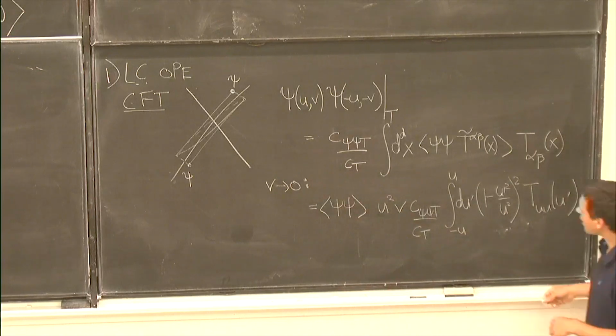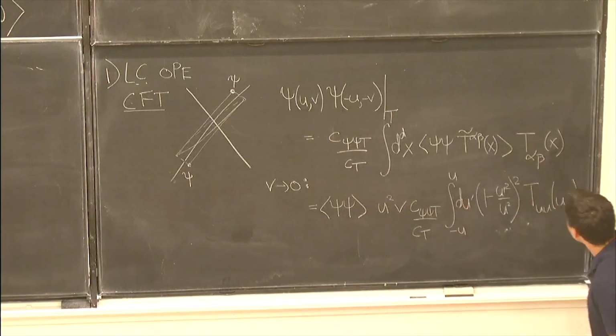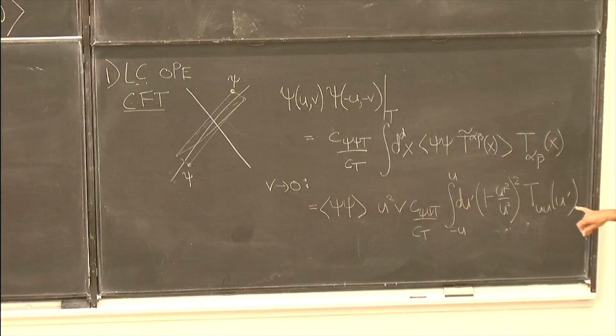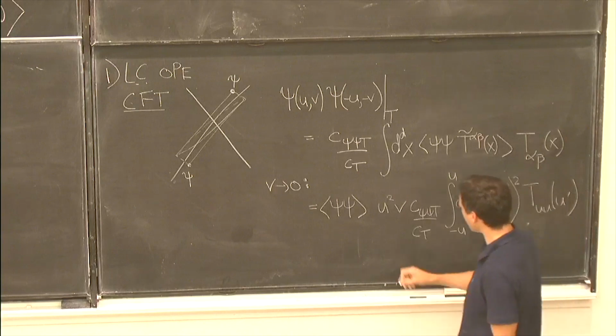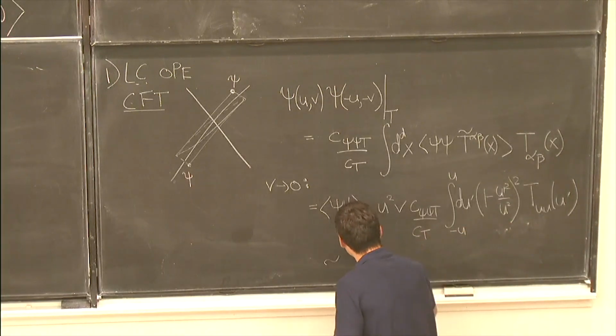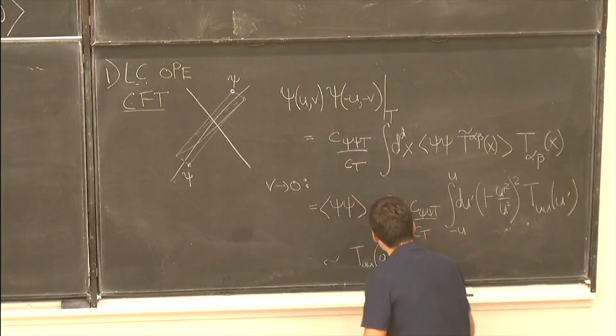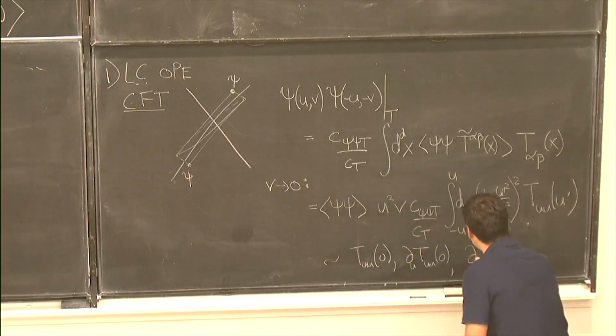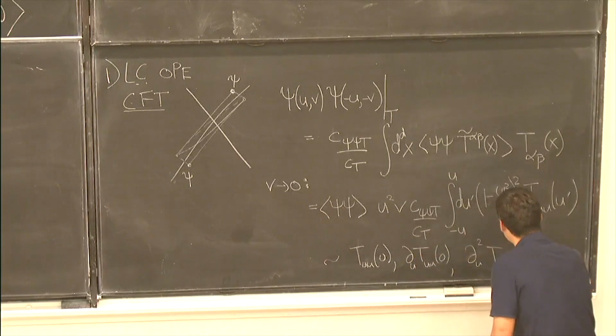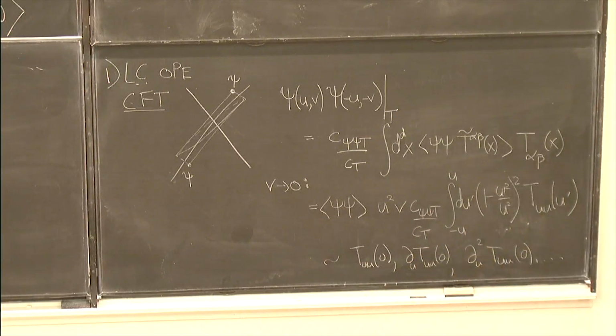If you think about this in terms of operators, then the way to think about it is to expand this out around 0. So you can take this integral and start doing a Taylor series expansion in T, and then just do the integral. If you do that, then obviously you're going to get contributions from T_UU of 0, du, T_UU of 0, du squared, T_UU of 0, and so on.